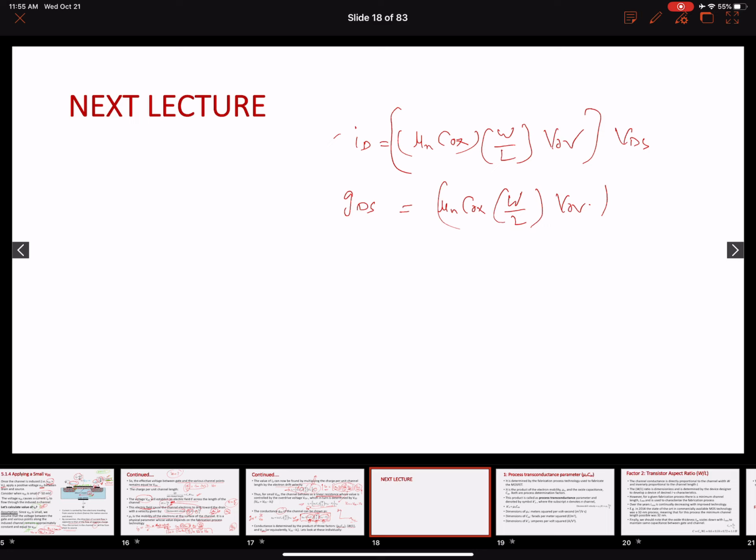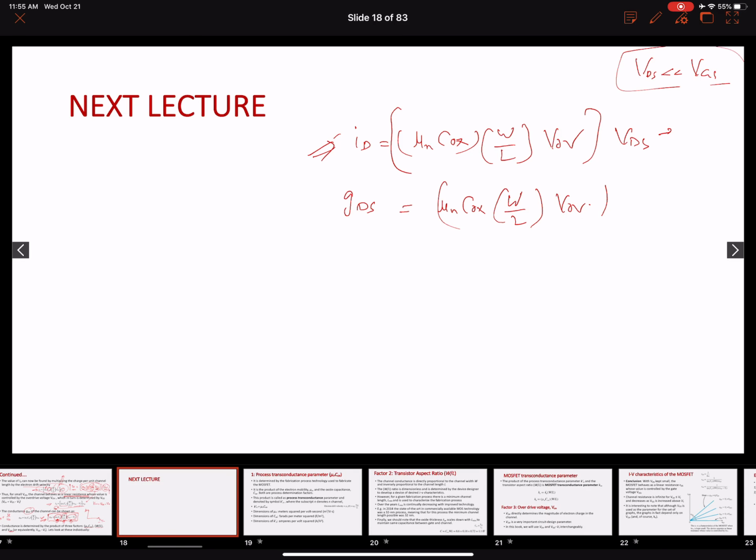Now, this drain current equation, we derived when the VDS was small, right? When the VDS value was smaller than the overdrive voltage. And this relation is only valid then. In a later part of the lecture today, we're going to realize that this equation will change when the VDS approaches the overdrive voltage or even goes beyond it, the effective overdrive voltage that is appearing across the channel.